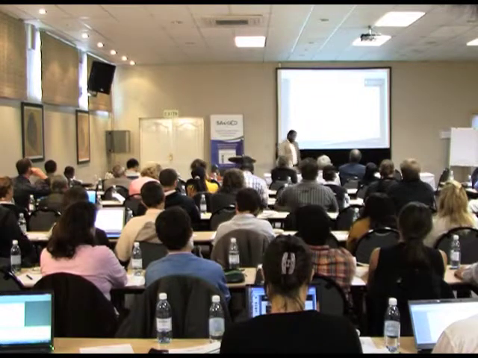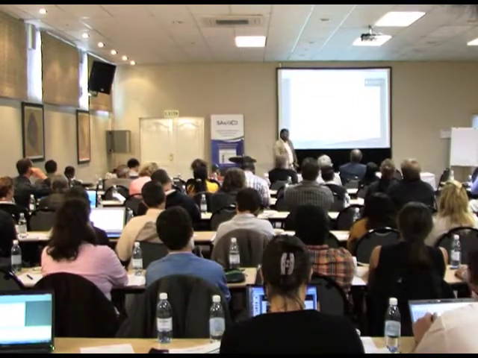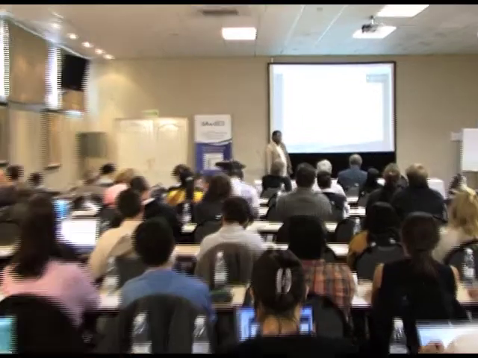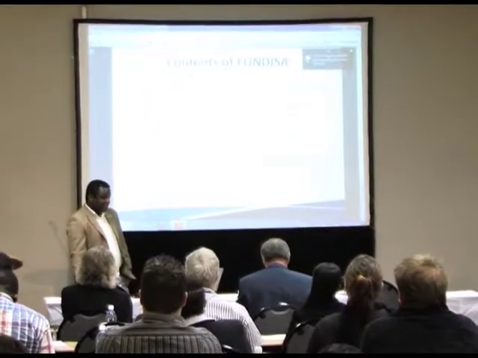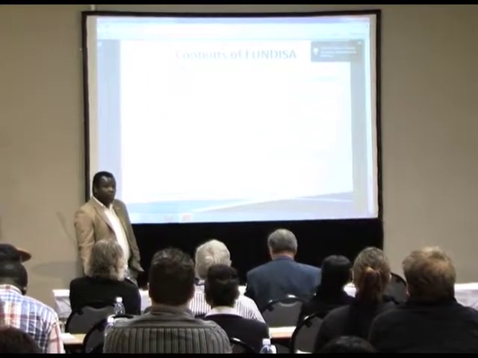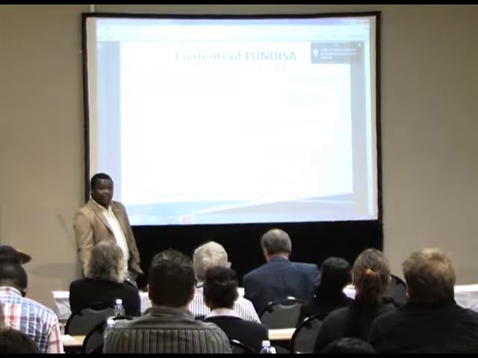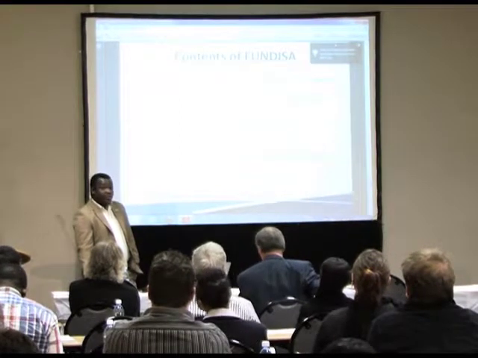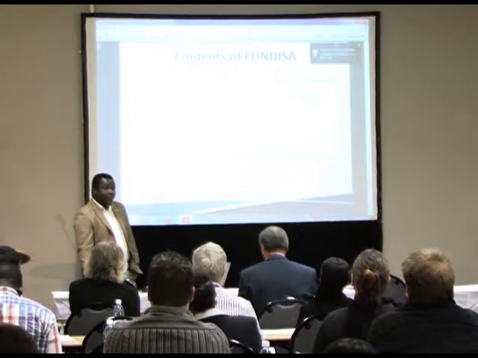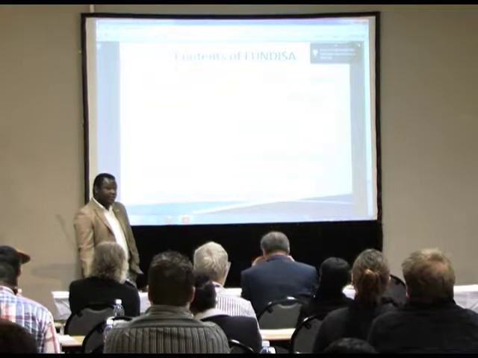So in addition to the dissemination mechanisms which we have got where we're using the catalog, we also distribute our satellite data sets through the Fundisa disk, which is a disk which we send yearly to universities to support research and teaching in Earth observation.